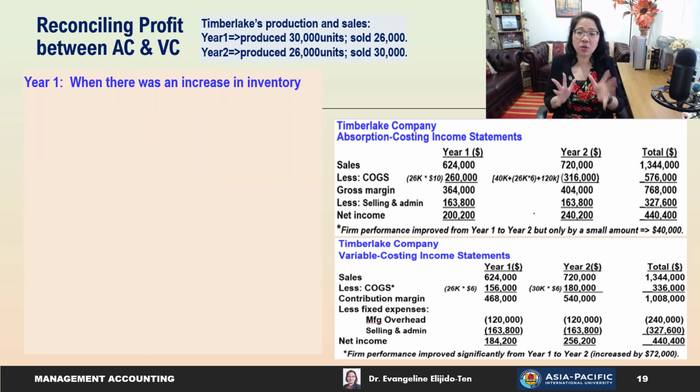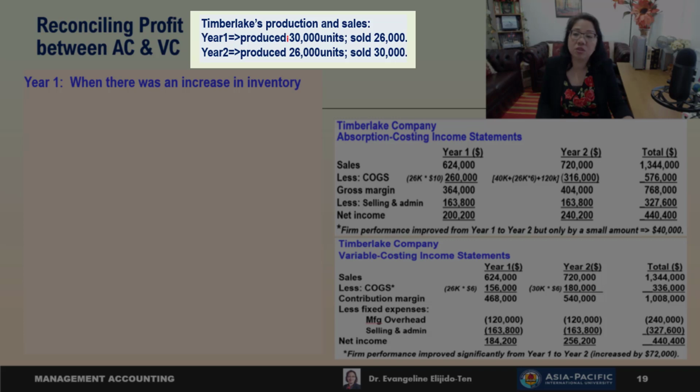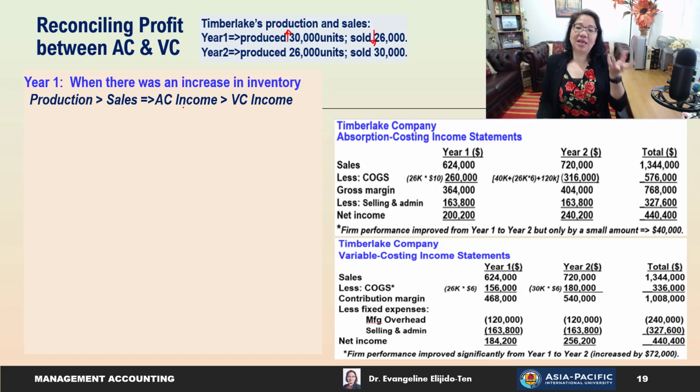All right, focusing on year 1, when there was an increase in inventory. Remember, in year 1, we produced 30,000 units, so production is greater than sales. We only sold 26,000 units. When the production is greater than sales, profit under absorption costing will be greater than profit under variable costing.